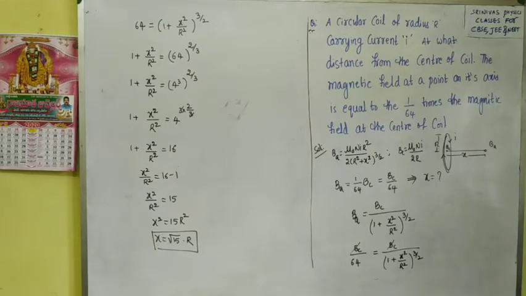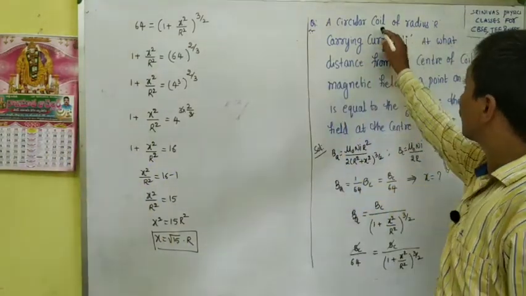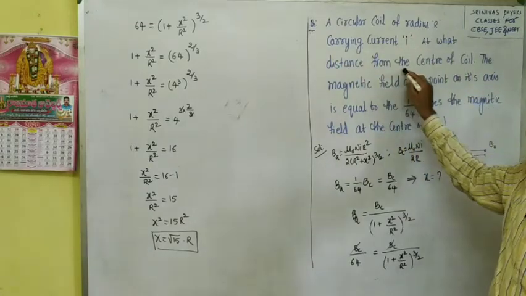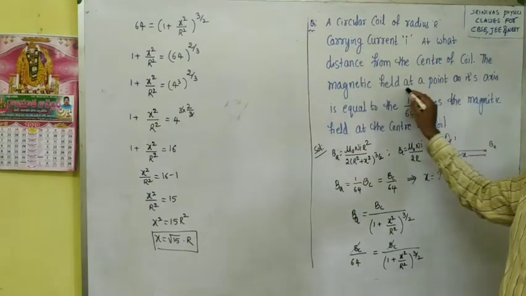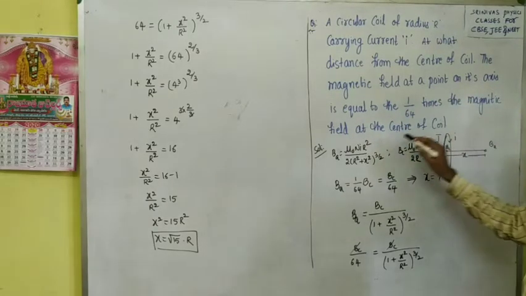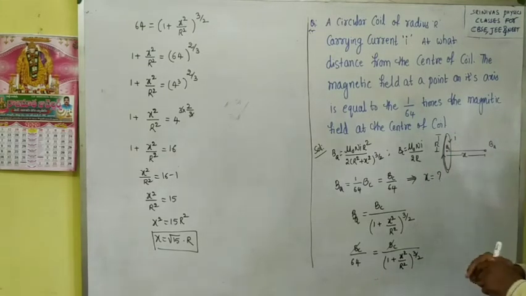Look here, I want to explain the solution. What is our question? A circular current carrying coil of radius R carrying current I: at what distance from the center of the coil is the magnetic field at a point on its axis equal to 1 by 64 times the magnetic field at the center of the coil?